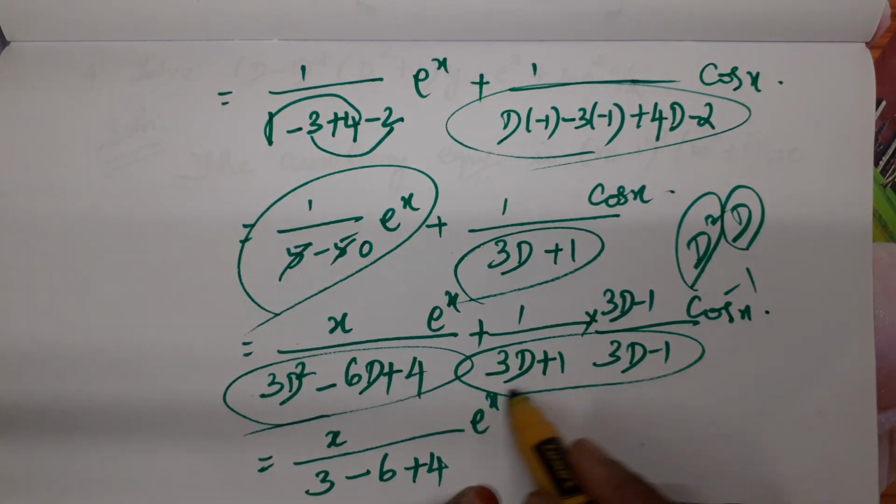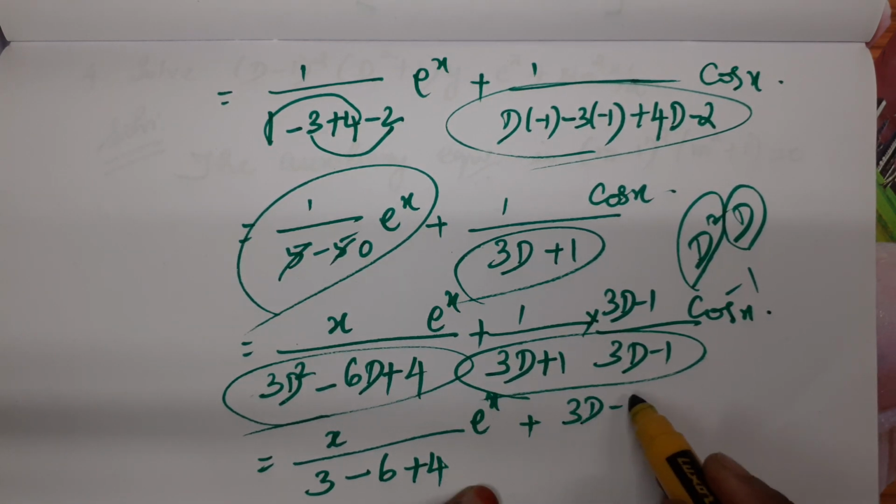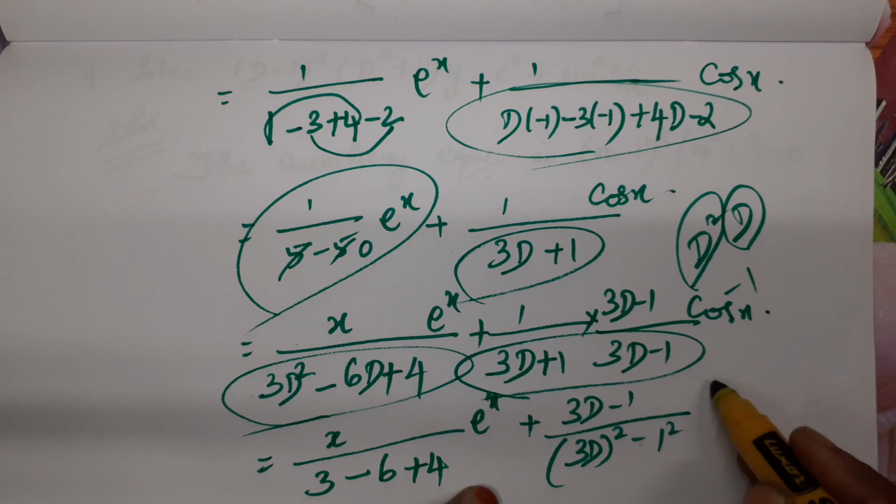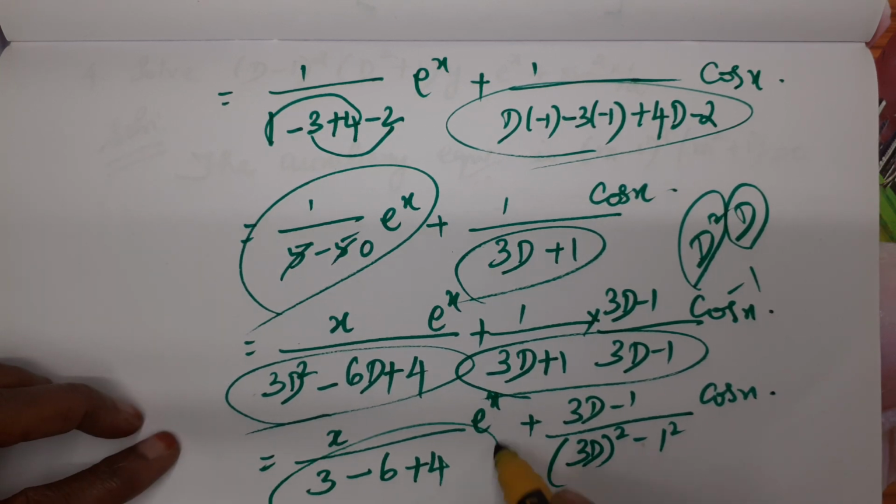Plus, combining these two together, we are getting a squared minus b squared. So 3D minus 1, 3D squared minus 1 squared cos x.